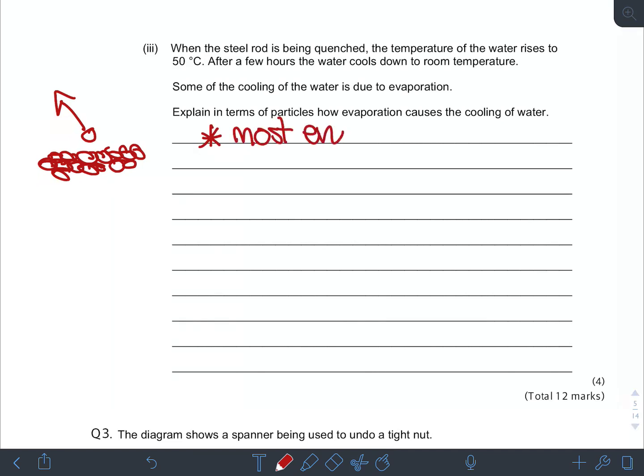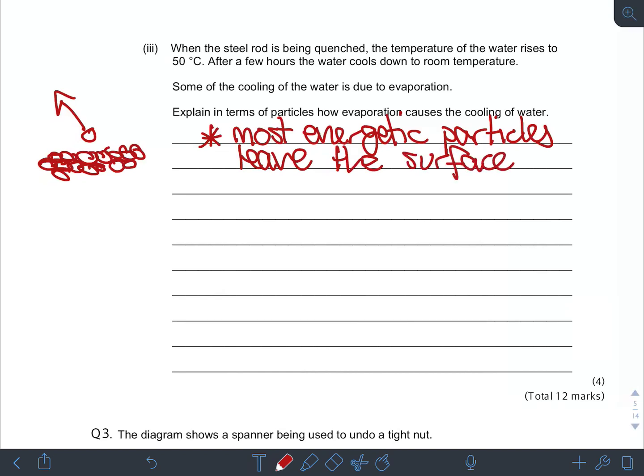The most energetic particles leave the surface. I'm just writing it quite short here. You might want to expand on this slightly, saying only the most energetic particles have enough energy to escape the surface.